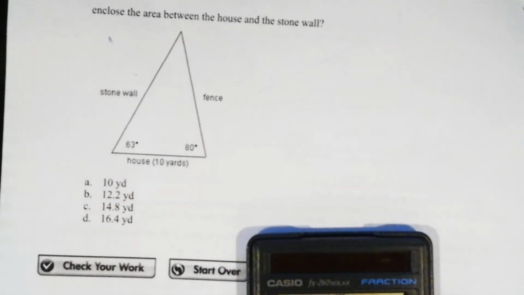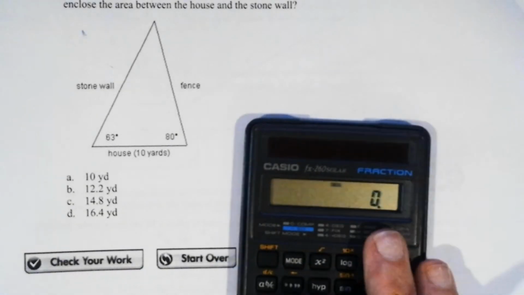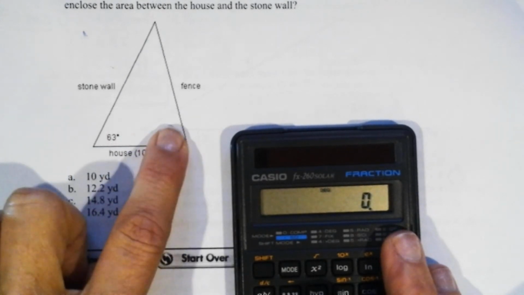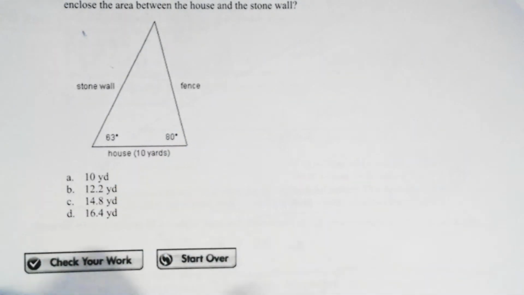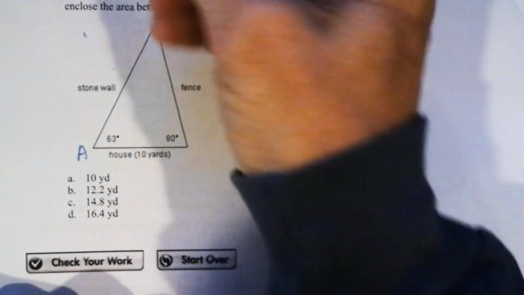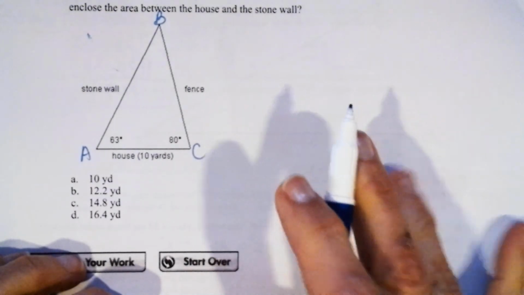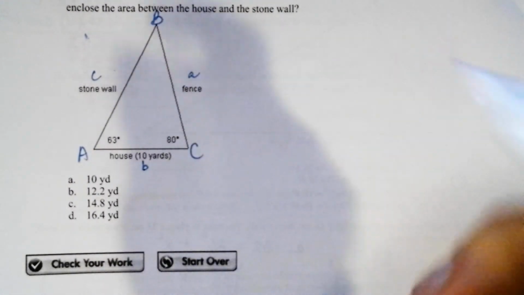Yeah. So what you're going to have to do is solve this triangle as best you can. You're given these two angles, and then you can use the law of sines for this. So let's see, this is A, and this is B, and this is C. So we can use the law of sines.